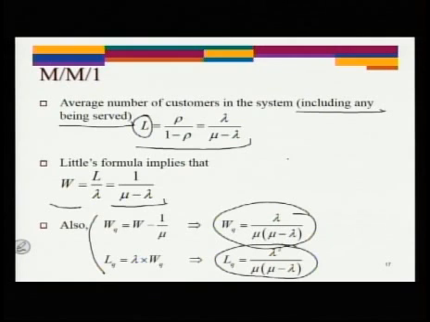So anyhow, given any one of these quantities, L, W, LQ, WQ, we can compute the others. And generally, I would say L is the easiest one to compute first. But you can go with others first if you want. Okay?